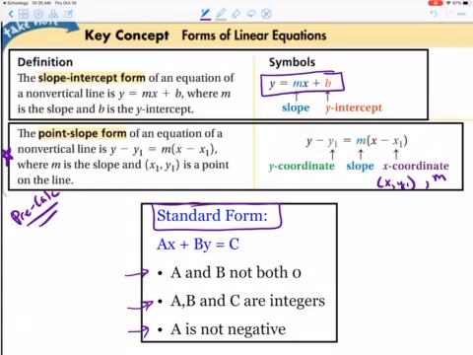Given a point and a slope, you can put it into this form: y minus y1 equals m times the quantity x minus x1. So given a point and a slope, you can put it directly into point-slope form, and then you can change it into slope-intercept form, change it into standard form. Not solve it, just rewrite it, change it into those equivalent forms.